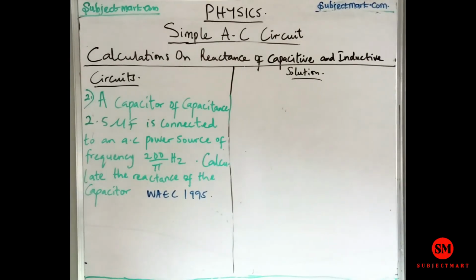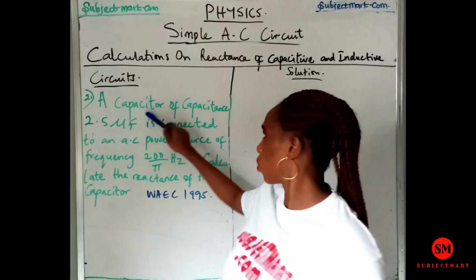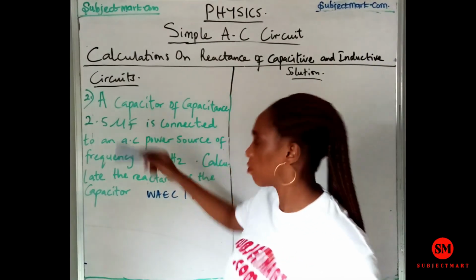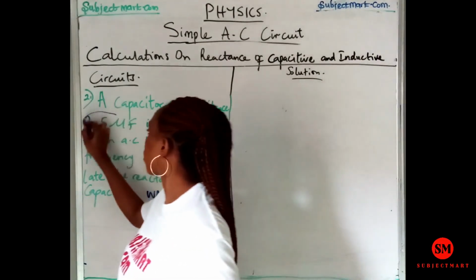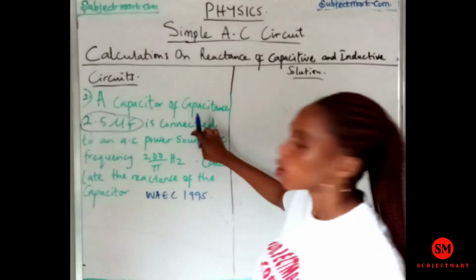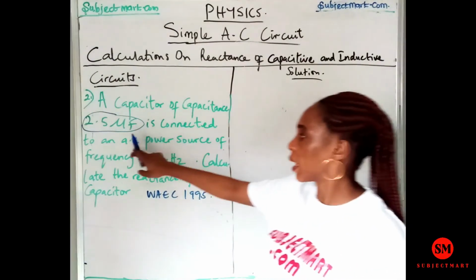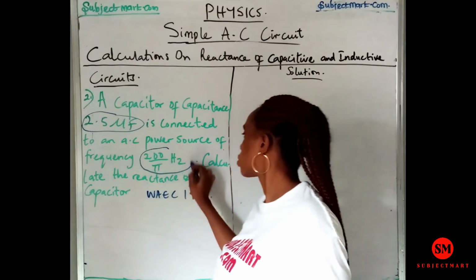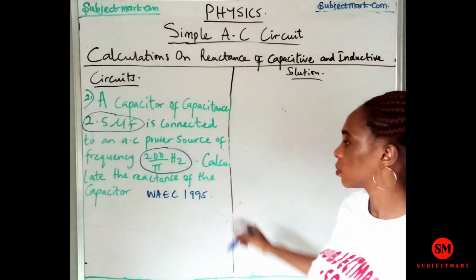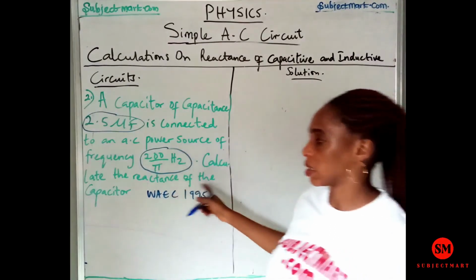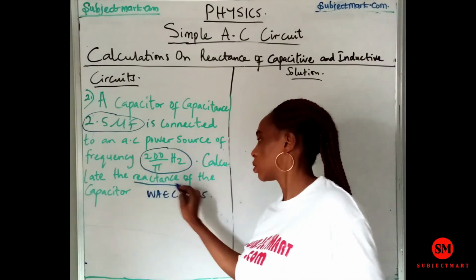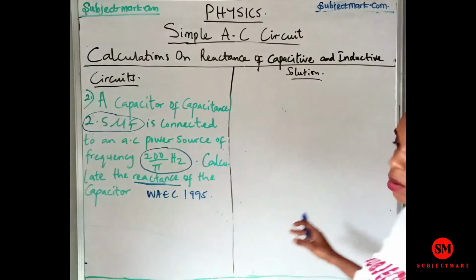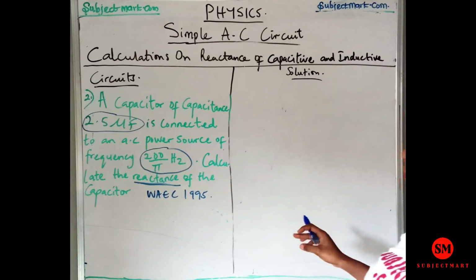Another example here is a capacitor of capacitance 2.5 microfarad connected to an AC power source of frequency 200 over pi hertz. Calculate the reactance of the capacitor.